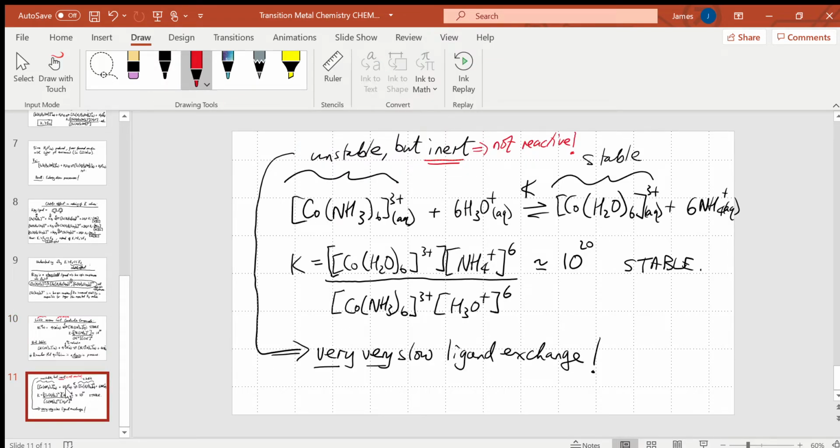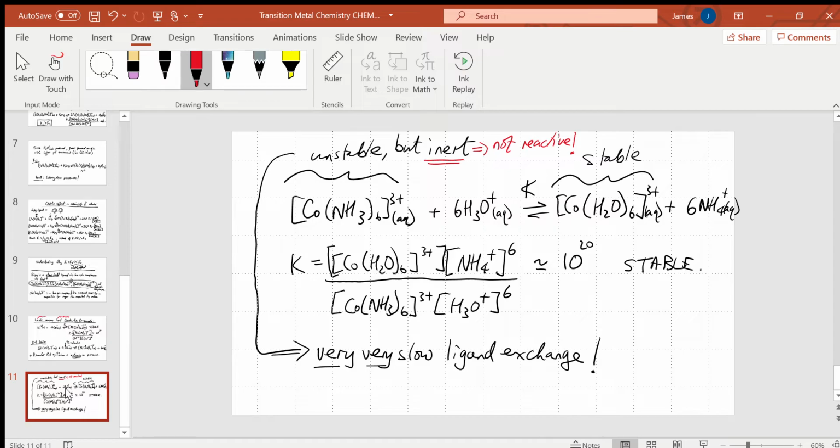Because here we saw that you can have something that's unstable, but it's not reactive. So it's important to point that out before we start to conflate the two. Okay, so that's the first thing I wanted to point out in this video, to keep us aware of that.